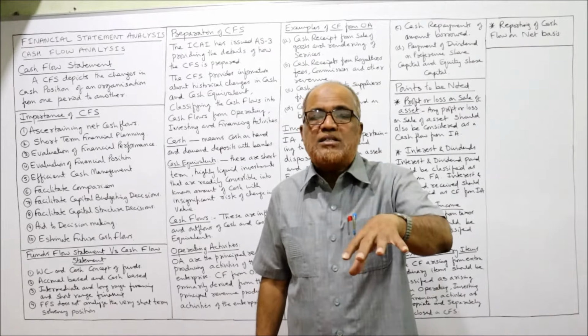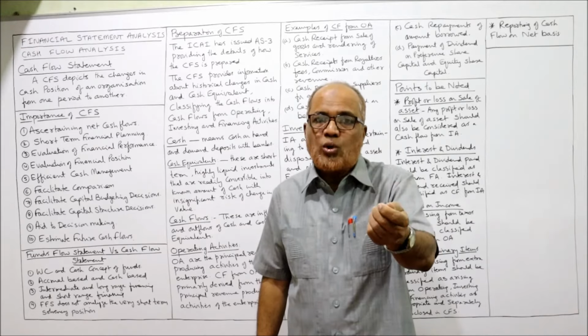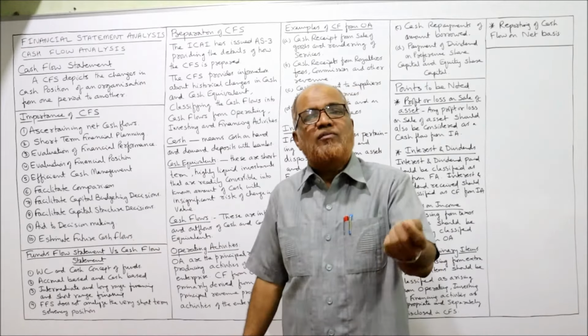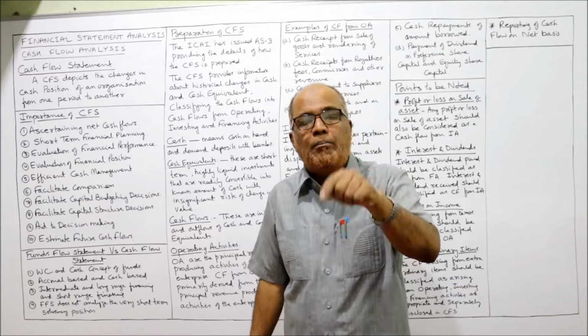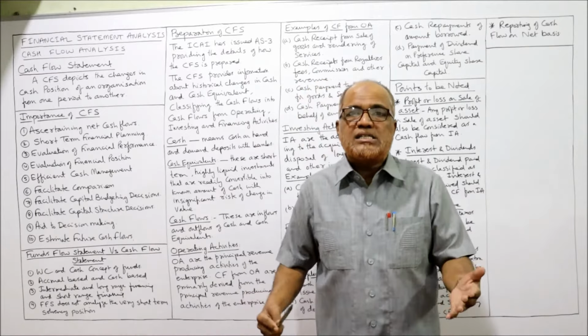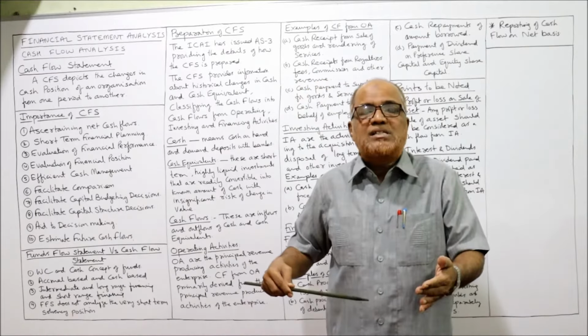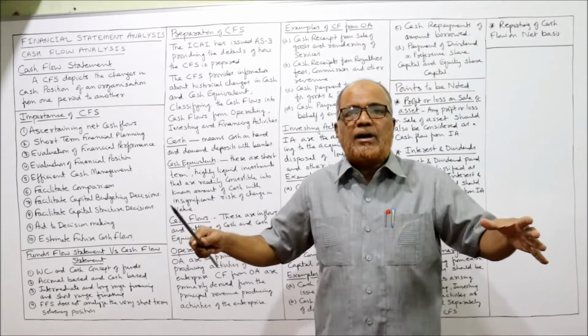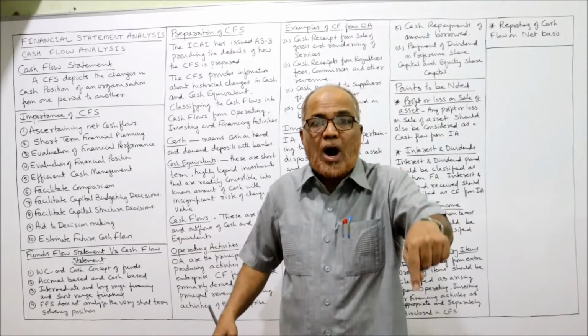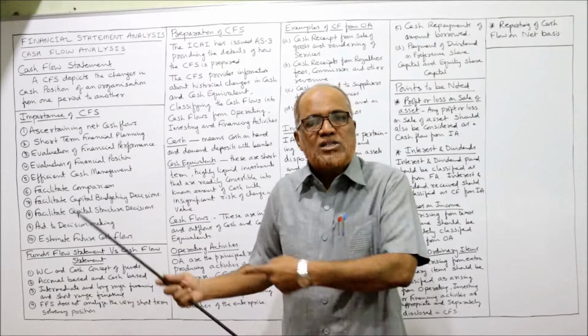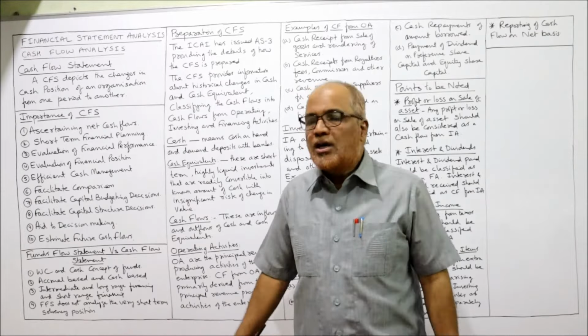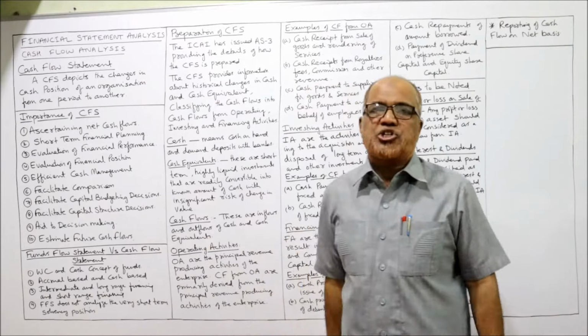So in capital budgeting decisions, we need cash flows. So this cash flow statement will be very, very helpful in making capital budgeting decisions whether to acquire a fixed asset or not. Many capital budgeting techniques are available which require cash flow, and this cash flow statement will provide the cash flows.